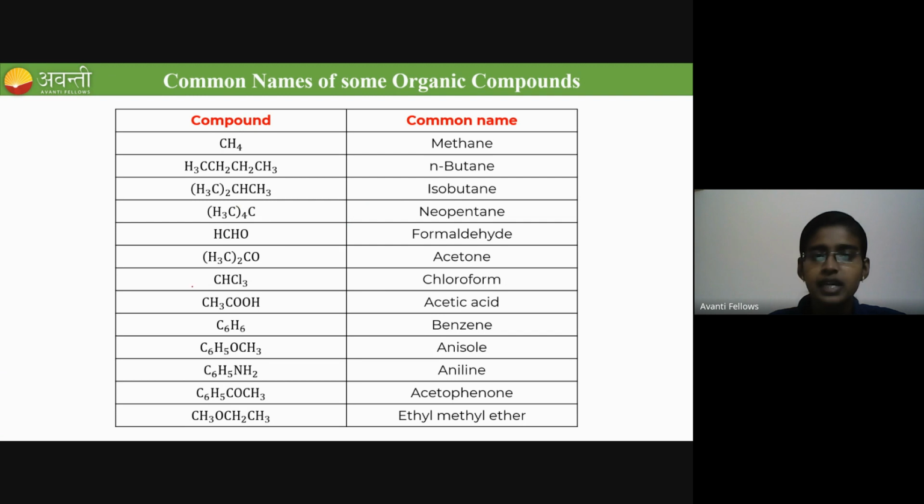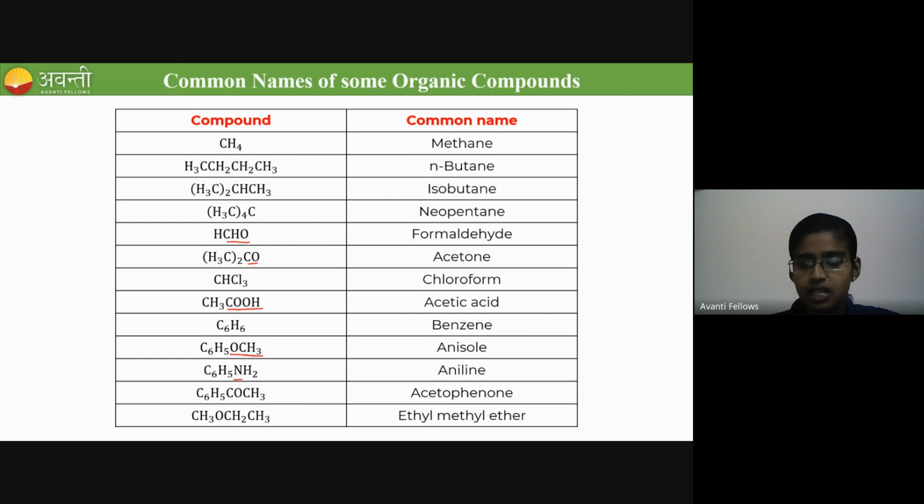HCHO is formaldehyde, since the CHO group is there. C double bond O containing system is called acetone. CHCl3 is chloroform. COOH group is called acetic acid. And C6H6, we all know, is benzene. A phenyl group containing OCH3 is called anisole.